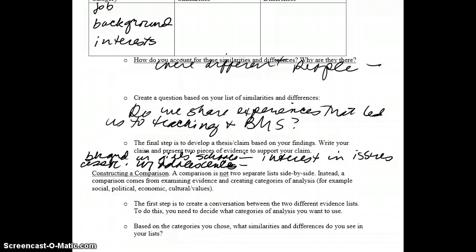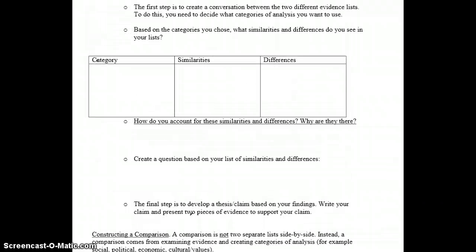So I want to go over this again with you. When you are making a comparison, first you develop some categories through which you can compare the two items. Then, based upon those categories, you can identify similarities and differences.